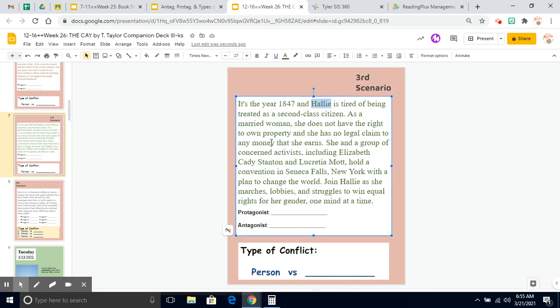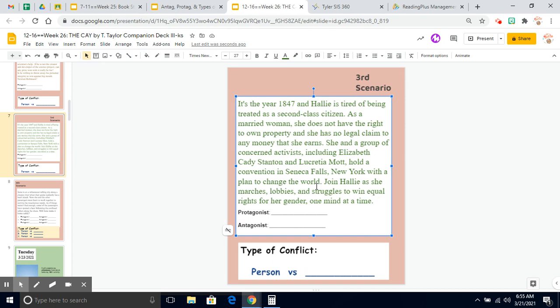As a married woman, she does not have the right to own property, and she has no legal claim to any money that she earns. Now, we're dealing with a historical precedent that doesn't come down without about 80 years worth of straight up fighting by Stanton, Mott, and eventually another gal that gets on a coin, Miss Anthony.